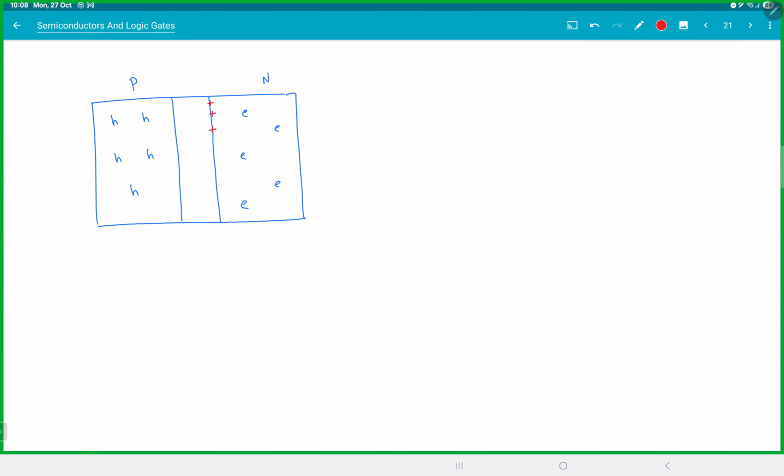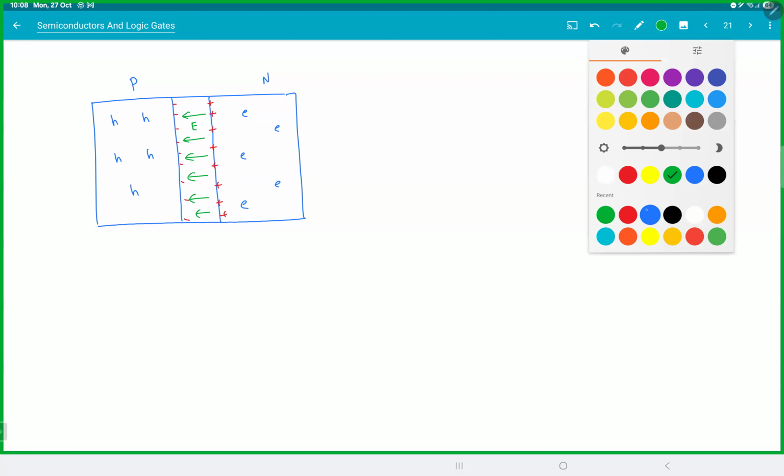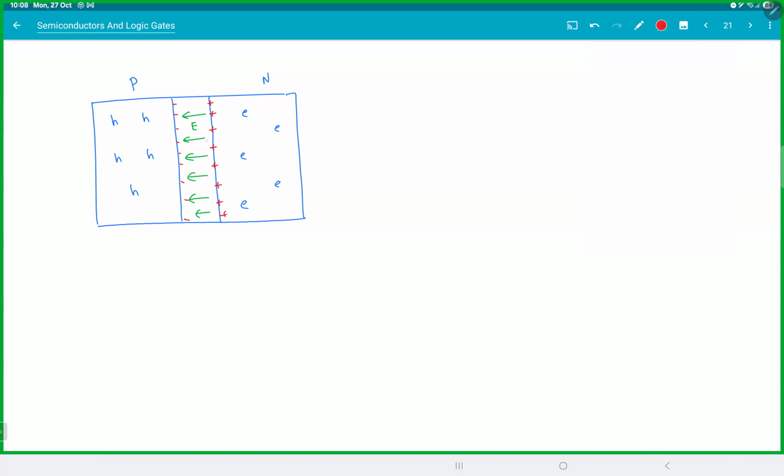So this whole side has become positive. This has become negative. And we have an electric field in the region. So it becomes something like a no man's land. So if an electron tries to come here, what will happen? The electric field will push it back again.